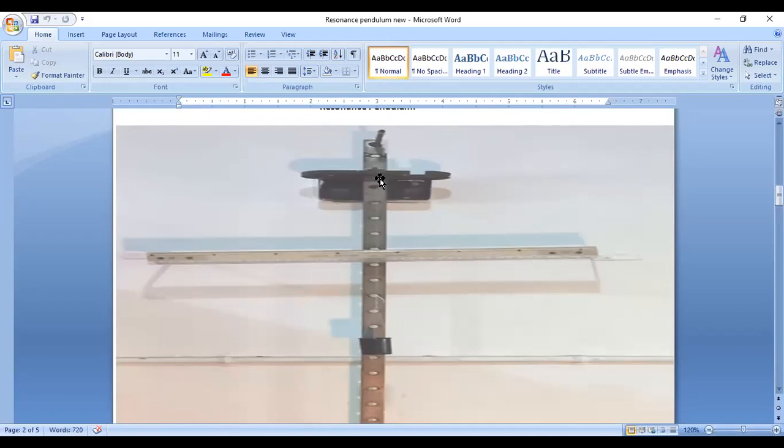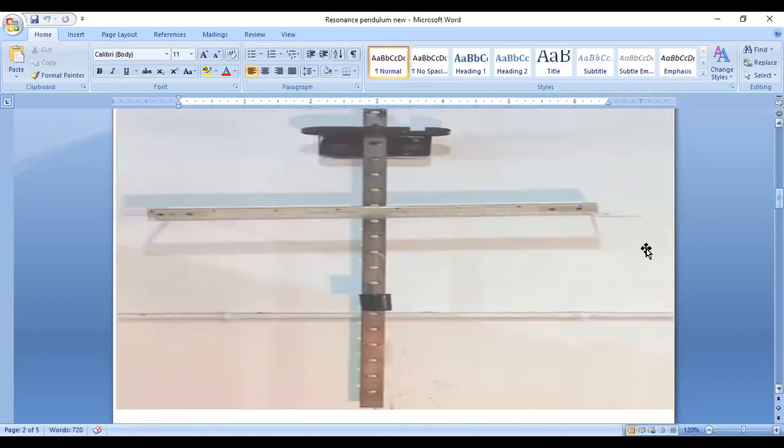Here you may imagine that there is a horizontal axis passing through the point of suspension. So this is basically the point of suspension of your bar pendulum, and your bar pendulum can oscillate in the vertical plane. You can see the picture here.